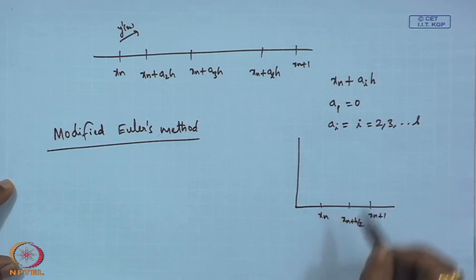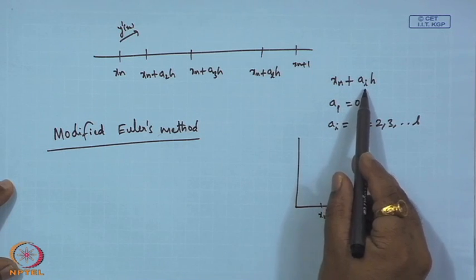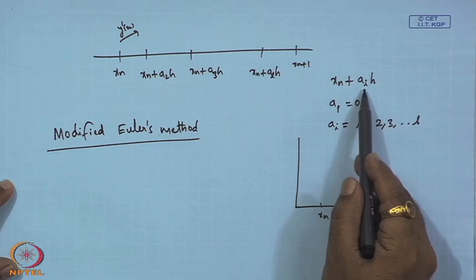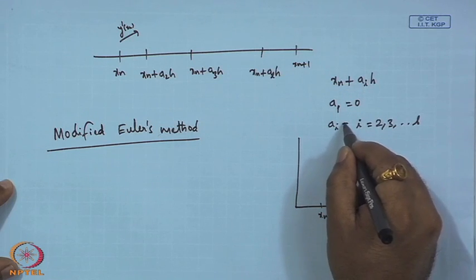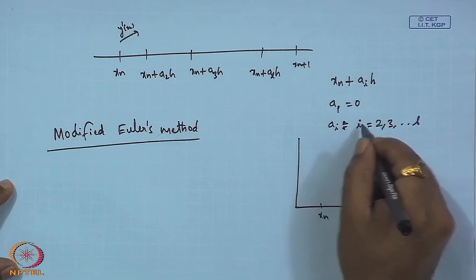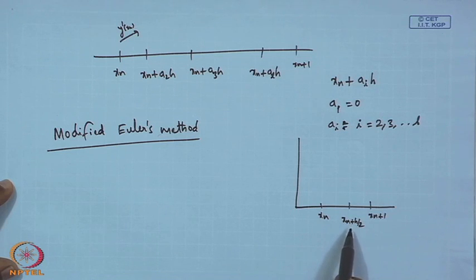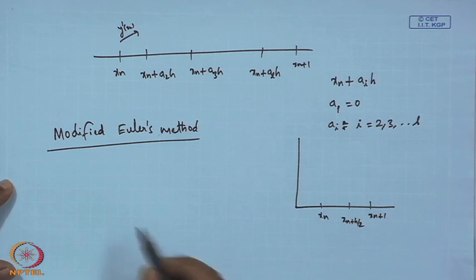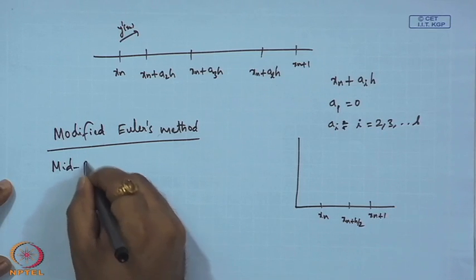Look at this notion. So, a I picked up as half. Okay. So, it is not equal. So, a I takes values depending on I. Okay. So, now a 1 is 0. So, then a 2 is chosen as half. Okay. You can see, we are using midpoint.